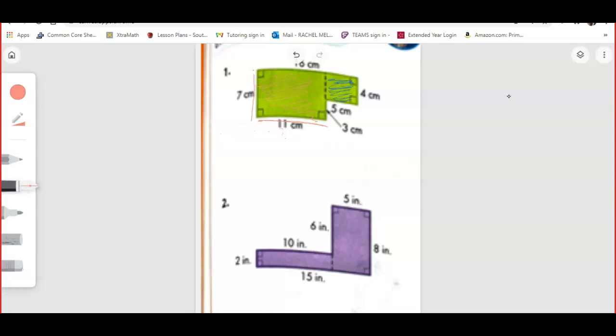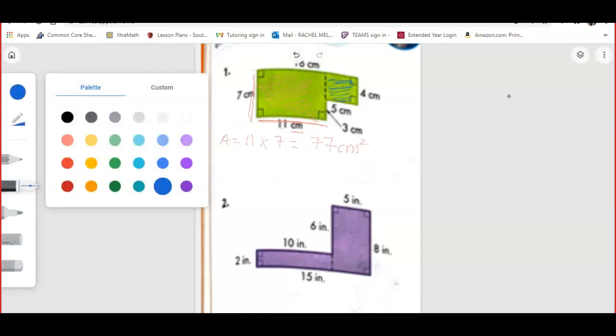All right, area equals the length, which is 11, times the width, which is 7. 11 times 7 is 77. My unit of measure here is centimeters this time, so square centimeters. Now for the blue one.